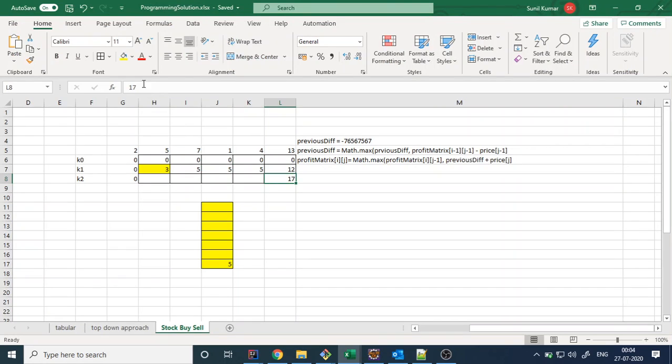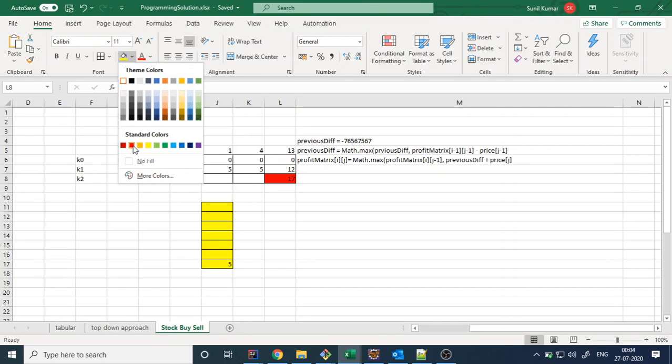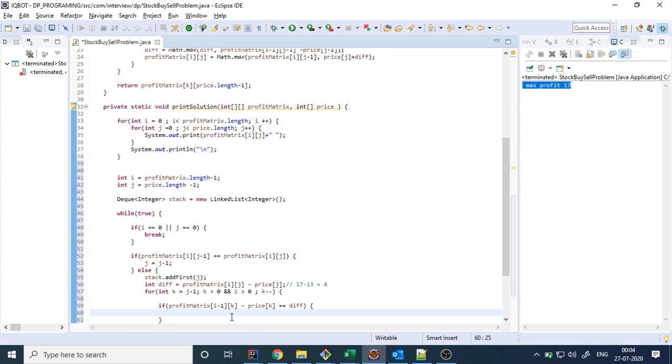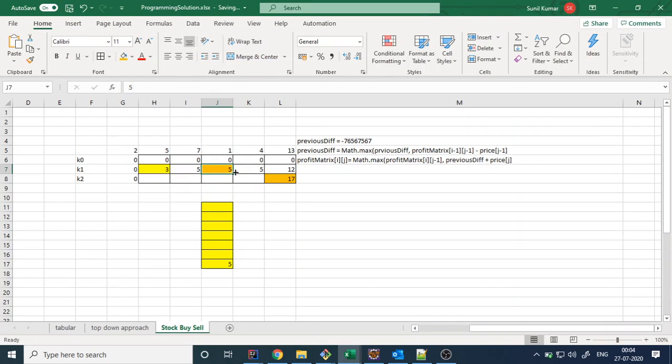So the first transaction is happening here. Just as I am giving, now it will reach here. Since 5 minus 4 is not the math, but this is the math: 5 minus 1 equal to 4. So the second transaction will be happening at this point. So in this case, what will happen?